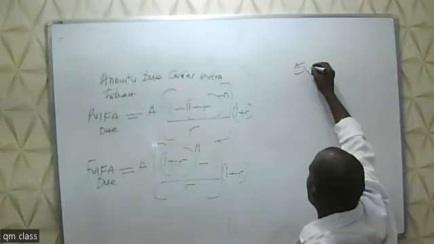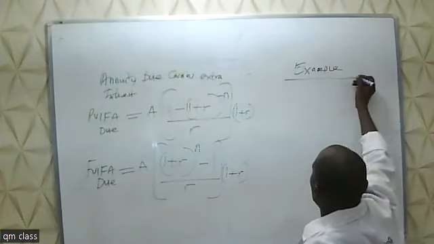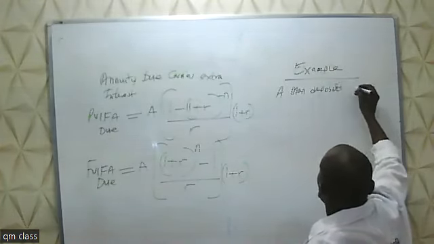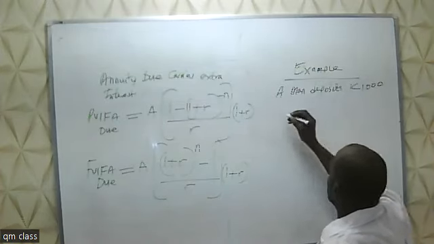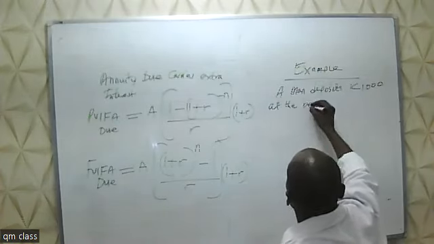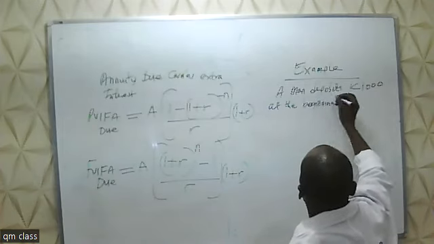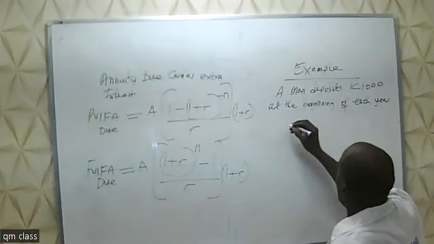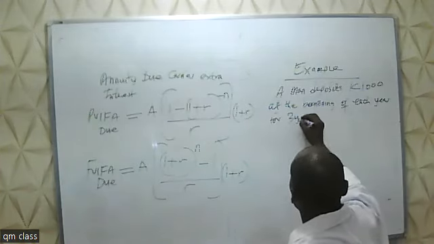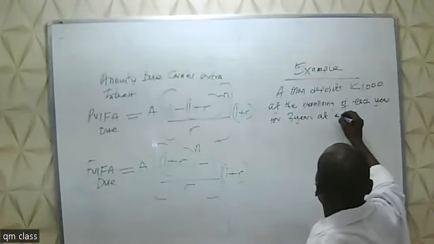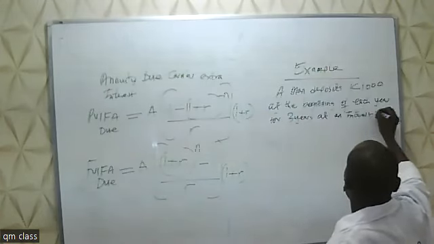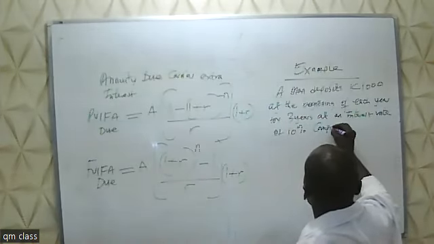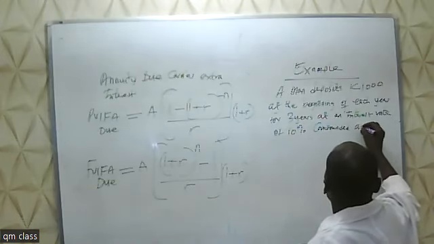Under this one, a man deposits the same 1,000 kwacha at the beginning of each year for 3 years at an interest rate of 10% compounded annually.